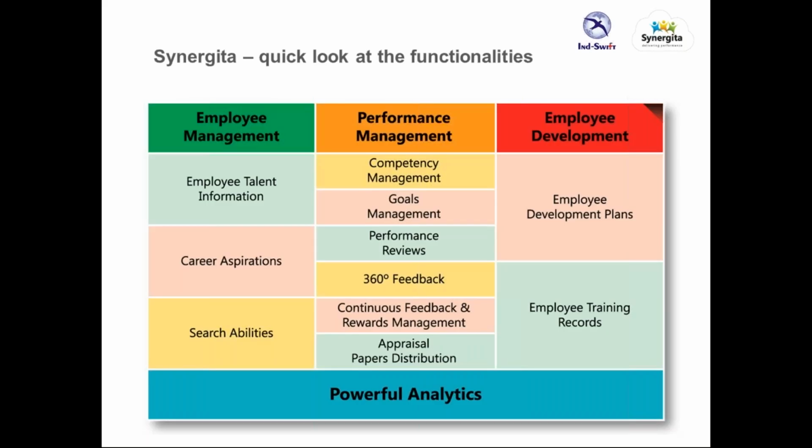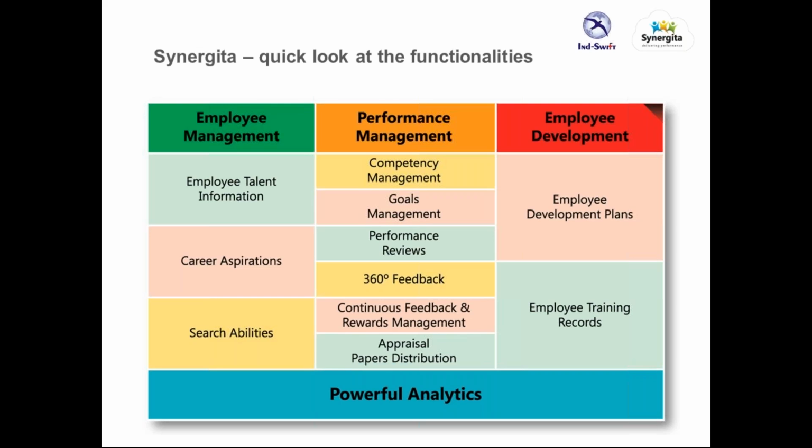This is a broader snapshot of what we offer through the product. Under performance management, we cover almost all end-to-end needs of small, medium, and large sized organizations. You can define your competency library and goals library. You can do the quarterly, mid-year, and annual performance reviews using the product.